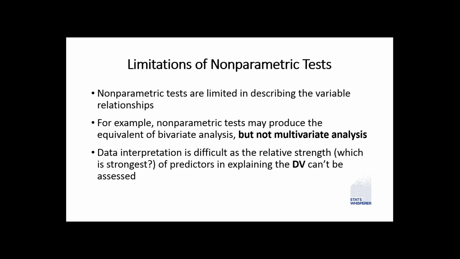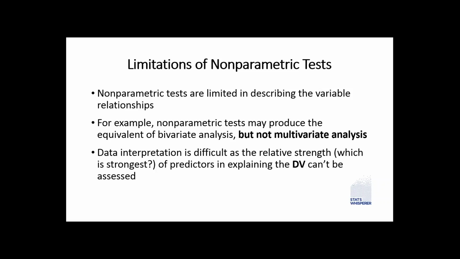So what are the implications of that? That means we can't examine the relative strength of each predictor in describing the dependent variable. So recall, we put several variables in the regression, and the multivariate test, the regression, told us which was the strongest predictor.